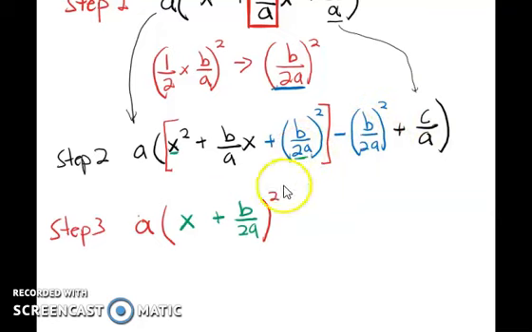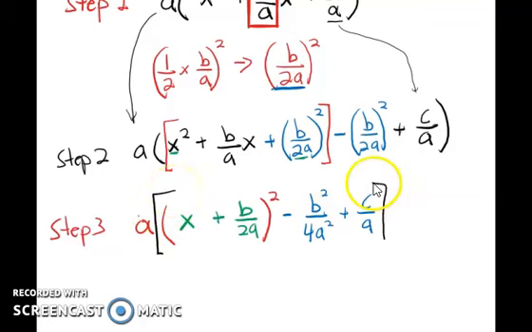And then here we expand this b squared, and this square also must be at the denominator of this fraction, so it becomes 4a squared, plus c over a, and please don't forget we have a bigger bracket over here. We can simplify this.